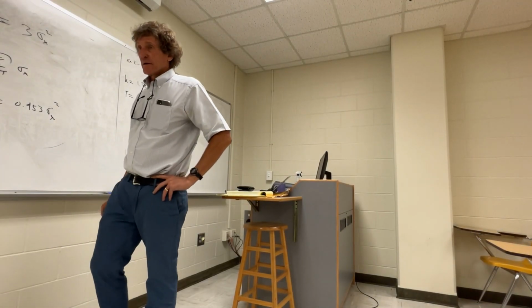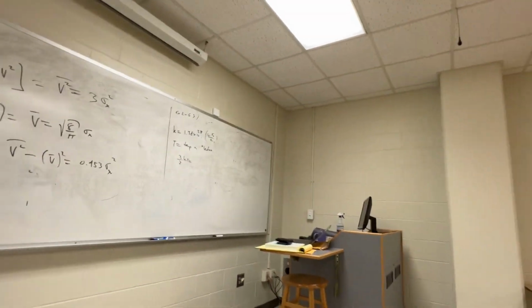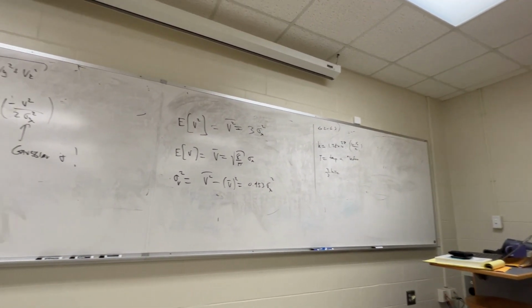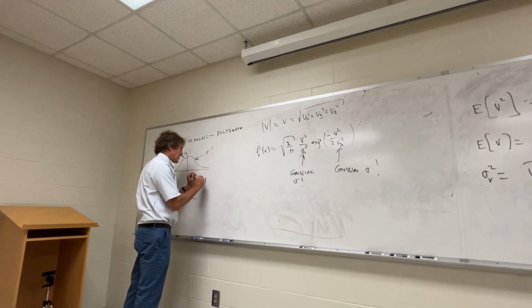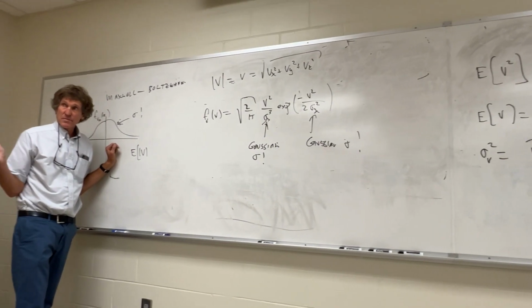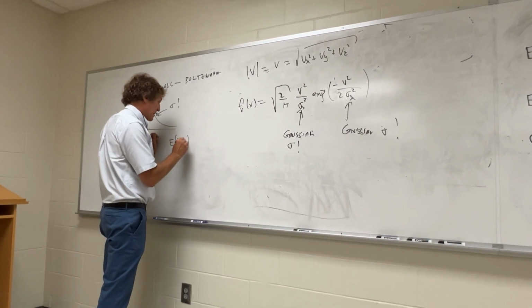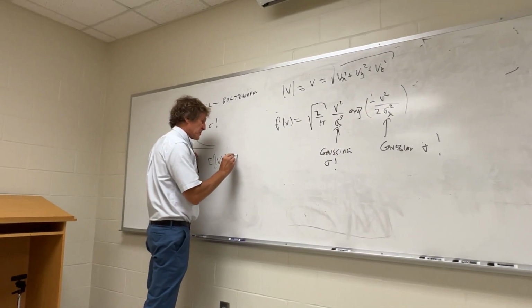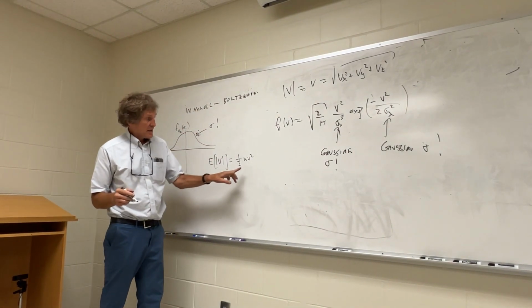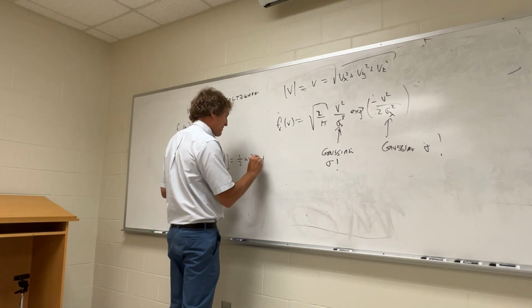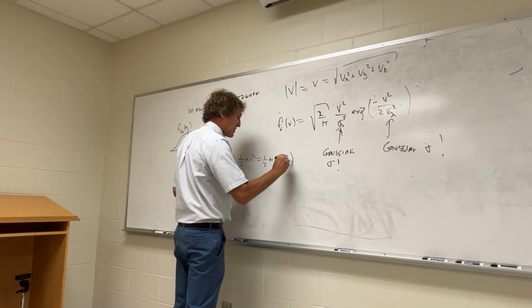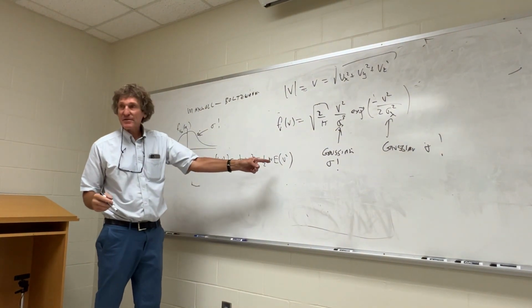Sigma squared is equal to kT. Here's what it boils down to. Here's how you get this. When you take a look at the expected value of, now this is the magnitude of the velocity, it's important, okay? That is the energy of a molecule, that's 1/2 mv squared, right? Now look, what is this? This is 1/2 m times the expected value of v squared, right? What is the expected value of v squared?